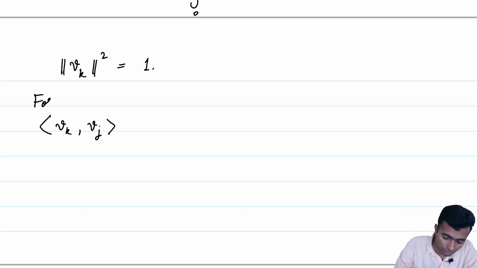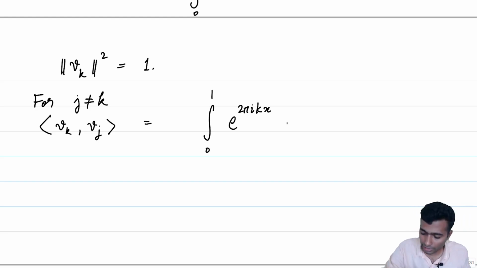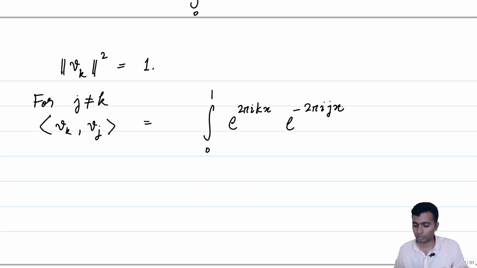This is just the integral from 0 to 1 of e to the power 2 pi i kx times the conjugate of e to the power 2 pi i jx. So notice that the i featuring in the exponent here is the square root of minus 1 and it is not an index. However, k and j are indices.